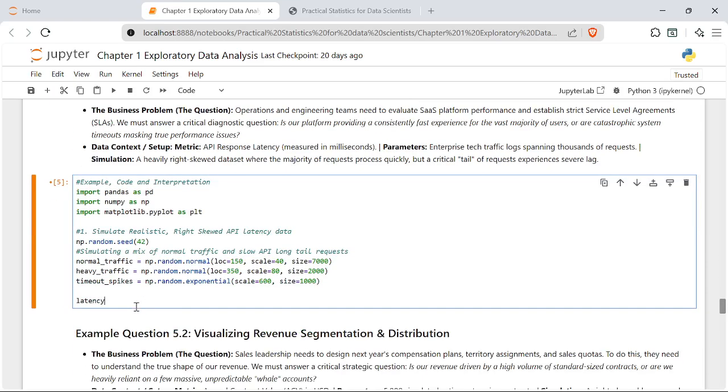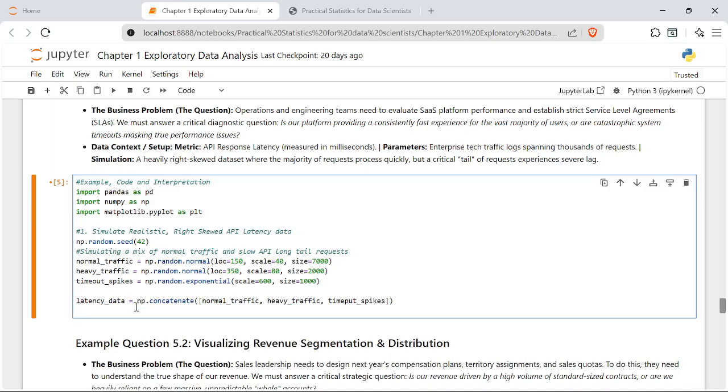Latency_data equals np.concatenate, normal traffic, heavy traffic, timeout spikes. Ensure no negative millisecond values.